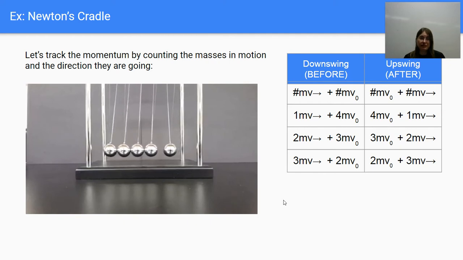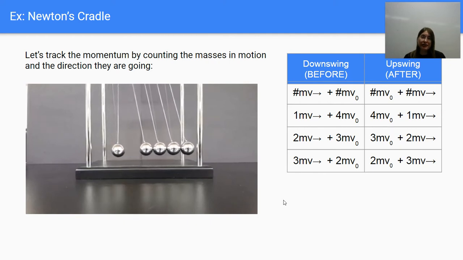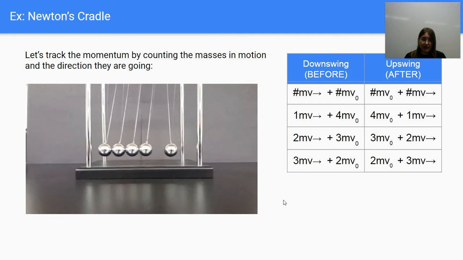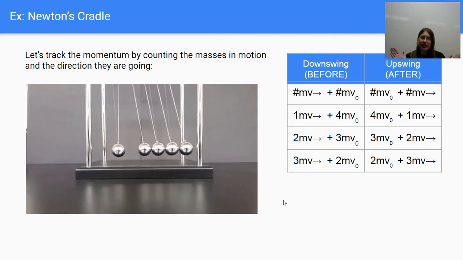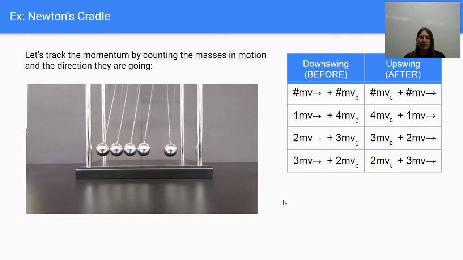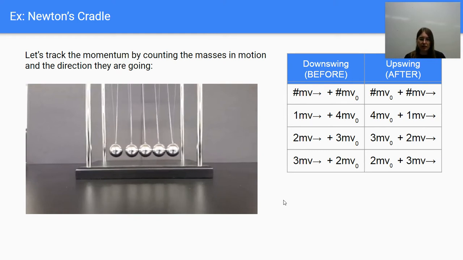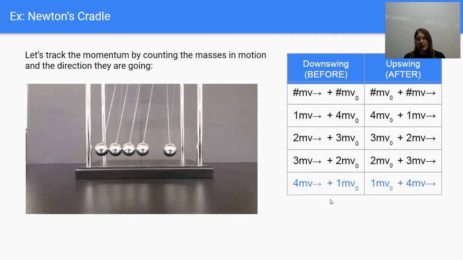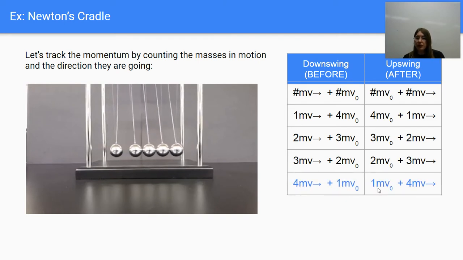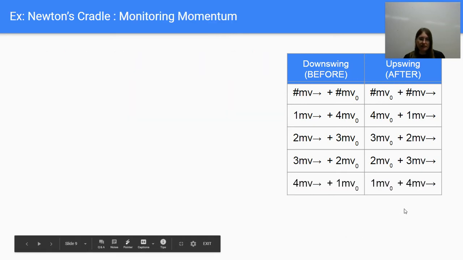It's bizarre. I think it looks bizarre, but it's true because this phenomenon we're experiencing, where they have the same interaction, so they have the same impulse, so they're going to experience the same changes in momentum. Okay, so this time we have 4 moving to the right and 1 still, becoming 1 still and 4 moving to the right. So the pattern we're seeing here is what?